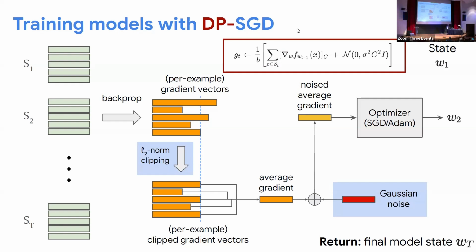Then we take the average of these clipped gradients, and we add Gaussian noise scaled based on the clip norm. We pass this noisy average gradient to our optimizer to give us the new state, and we repeat this for T steps to get the final model state. If you choose the parameters correctly, then you can achieve epsilon-delta DP.